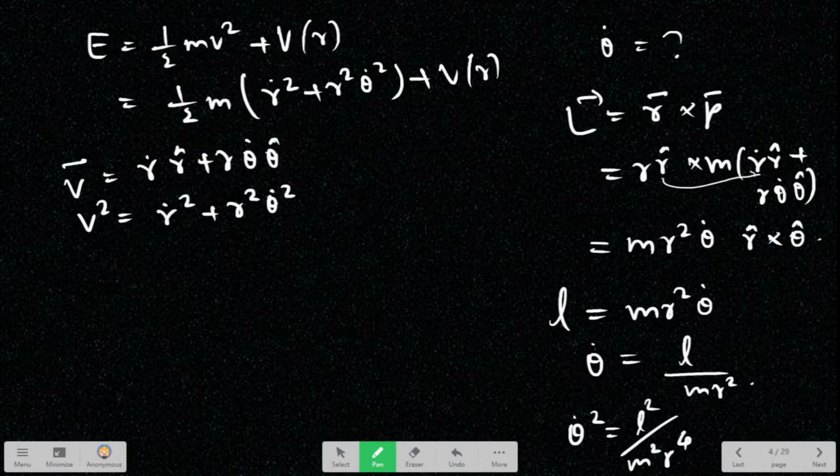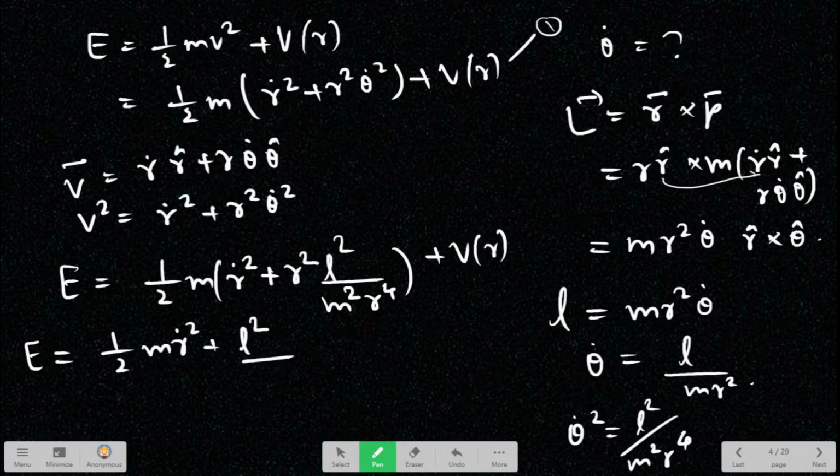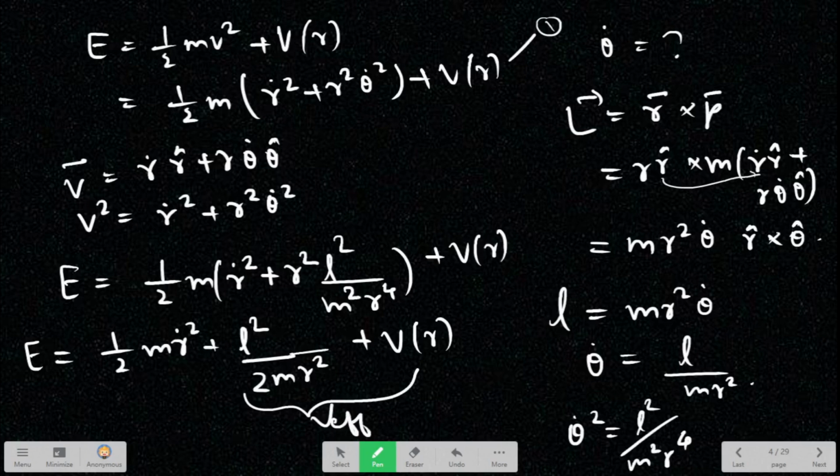Now put this value in equation 1. So you get E is equal to 1 by 2 m r dot square plus r square times, instead of theta dot square, L square divided by m square r raised to 4, plus V of R. So total energy E is equal to 1 by 2 m r dot square plus L square divided by 2 m r square plus V of R. The given potential plus L square divided by 2 m r square is called V effective, the effective potential.